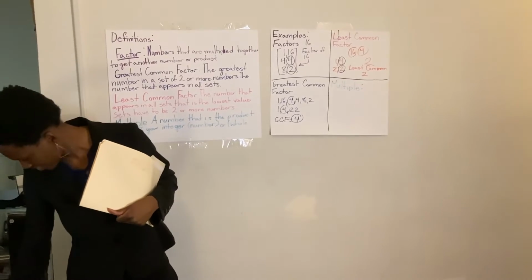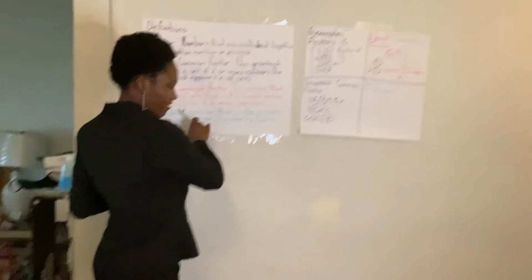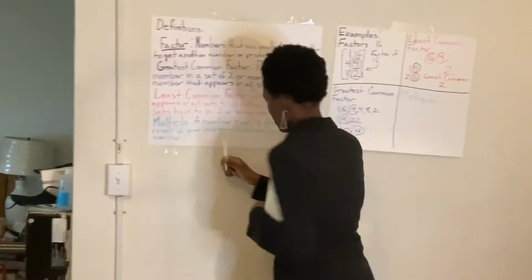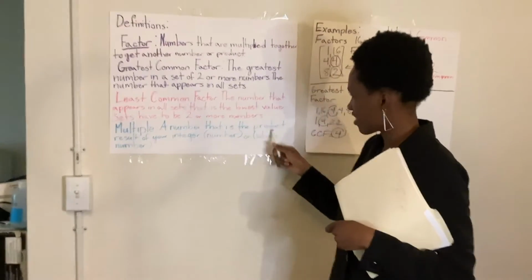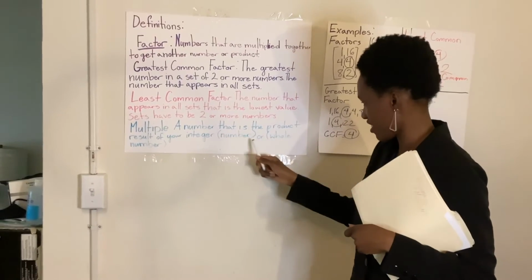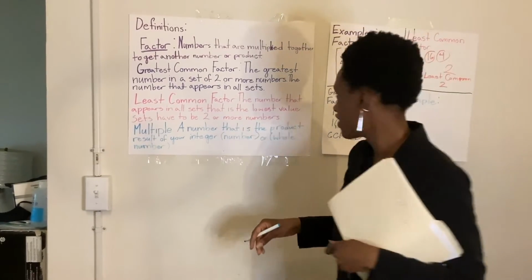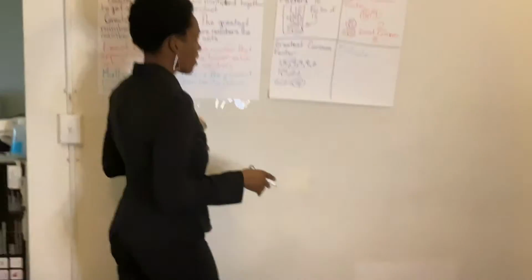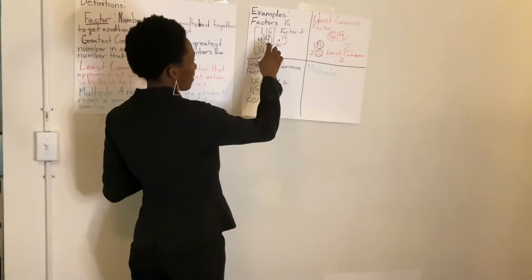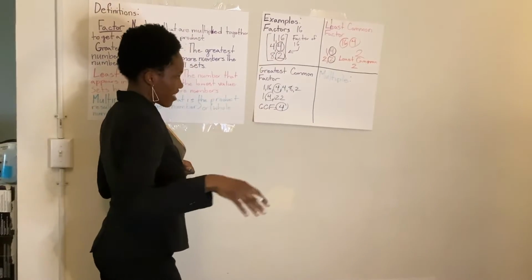Let's do that last one there on multiples. So reading this again, a multiple is a number that is the product result of your integer, which is the whole number. A multiple wouldn't be that you're finding what times what is what.